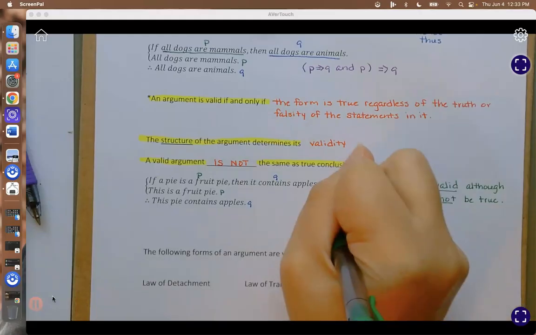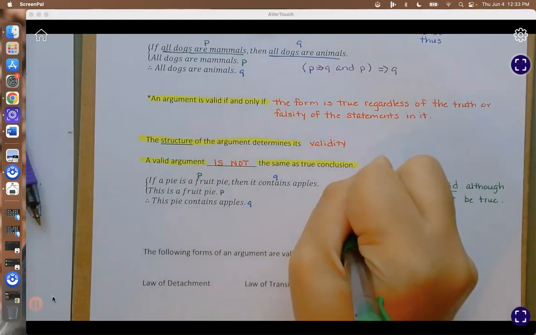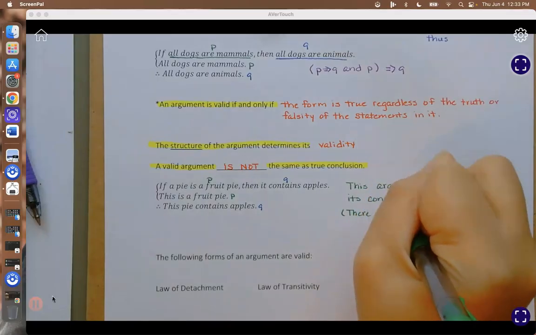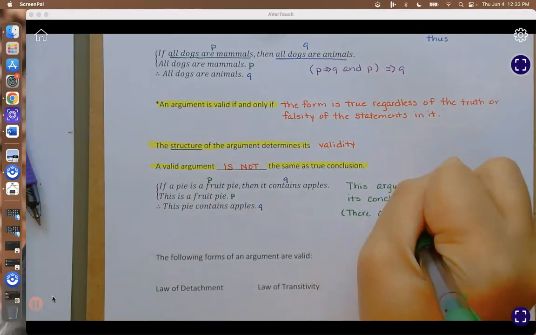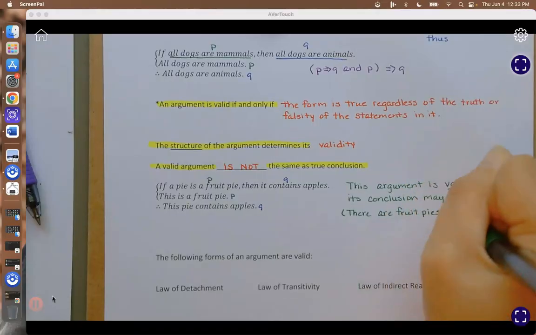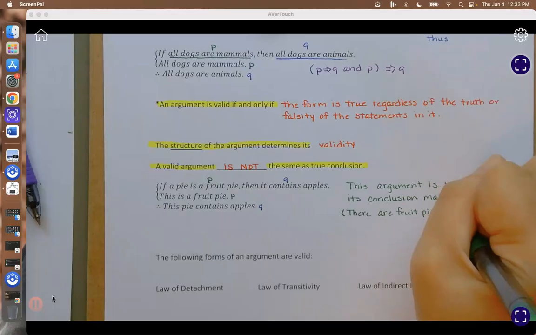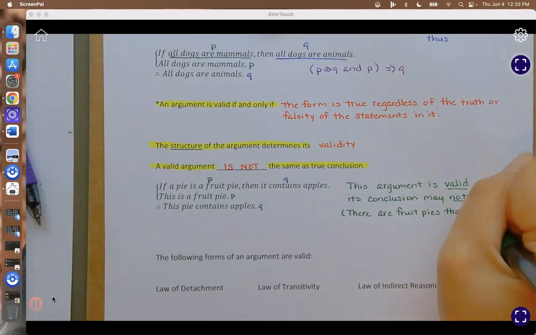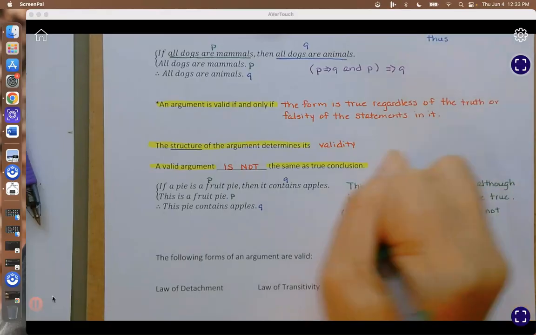Okay? Because there are fruit pies that are not apple. You can have a peach pie, you can have a cherry pie, all kinds of fruit. Blackberry, blueberry, strawberry.